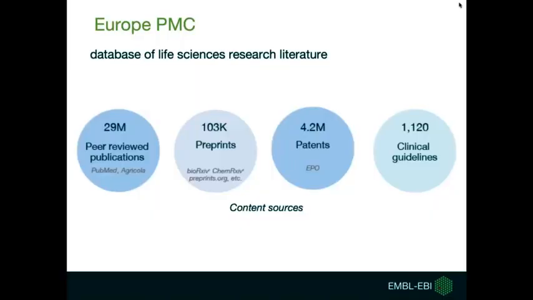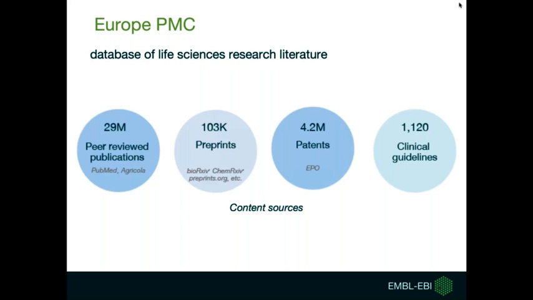Europe PMC has content from different sources. Those can be split into peer-reviewed publications, which come from PubMed, Agricola, and other sources. Preprints, which are full text publications prior to journal organized peer review, so they haven't been reviewed in the same way.